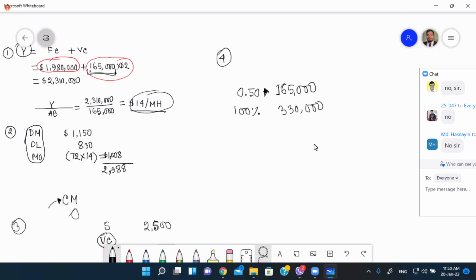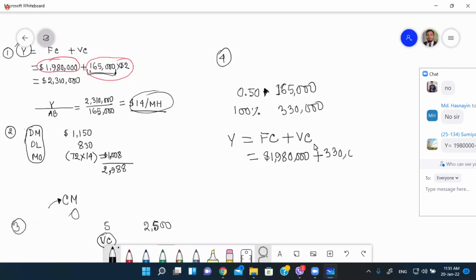So okay, let's rewrite the calculation for the manufacturing overhead, fixed cost plus variable cost. Remember, it is for the manufacturing overhead, not the total fixed cost or the total variable cost. So it is the same as 1.98 million. And what should be the variable cost for the manufacturing overhead portion right now?